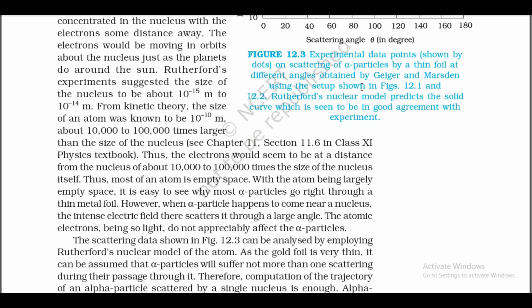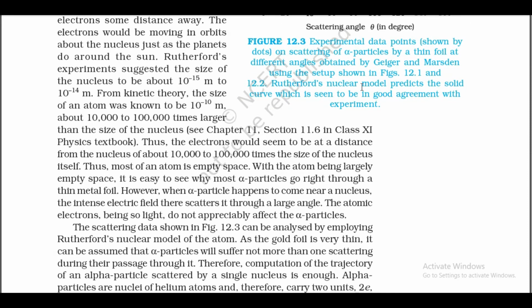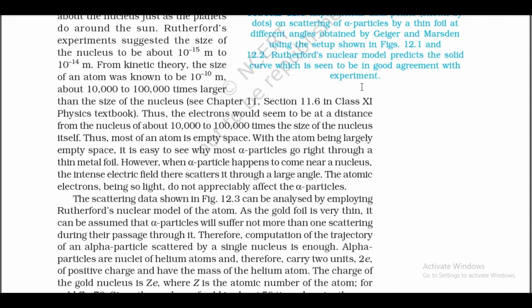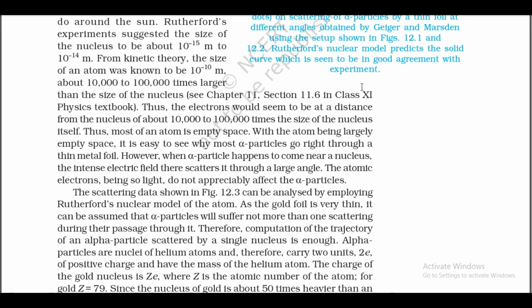As the gold foil is very thin, it can be assumed that alpha particles will suffer not more than one scattering during their passage through it. Therefore, computation of the trajectory of an alpha particle scattered by a single nucleus is enough.